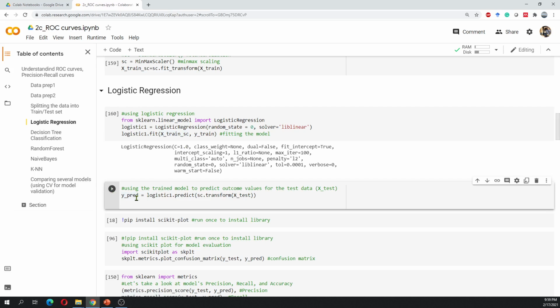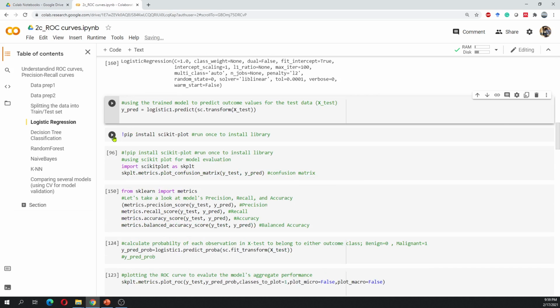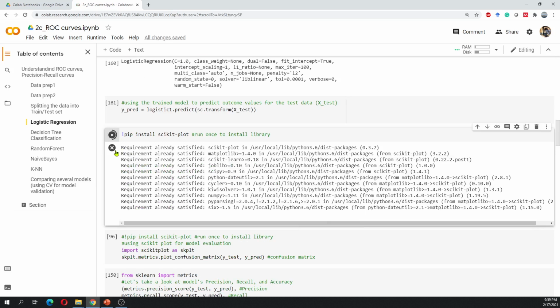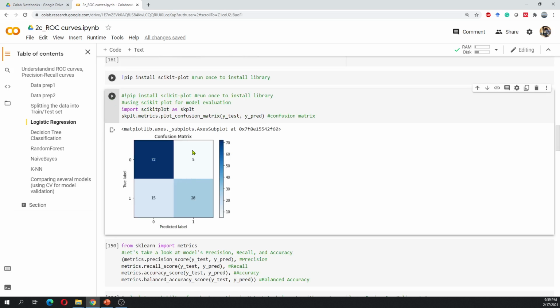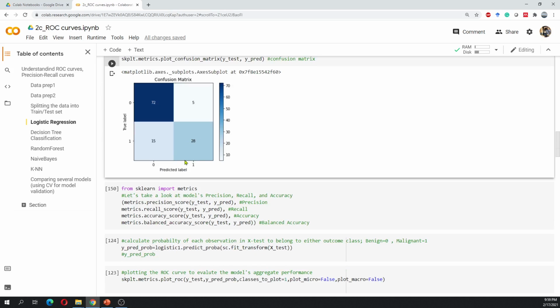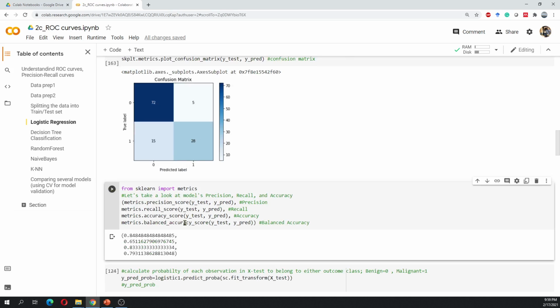So these are the 0 ones, okay? We're going to come back to this, and let's just make sure we have this. This is the confusion matrix. Same thing, I just run all of them to be consistent with what you've seen before, and precision, recall, accuracy.